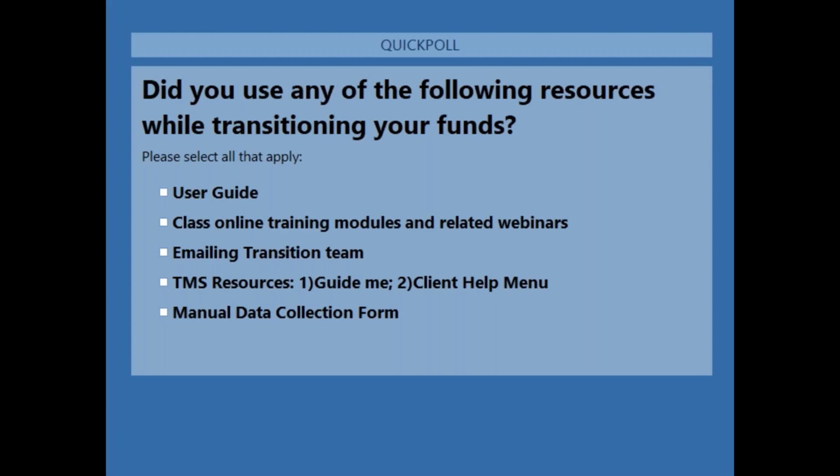Were you emailing the transitions team? Were you looking at the TMS resources, including the Guide Me and the help in TMS? Were you using the manual data collection form to help you load your funds? As I mentioned, you can tick multiple answers here. We'll give you a few more seconds. We'll also give you the results of the poll in the next couple of days.